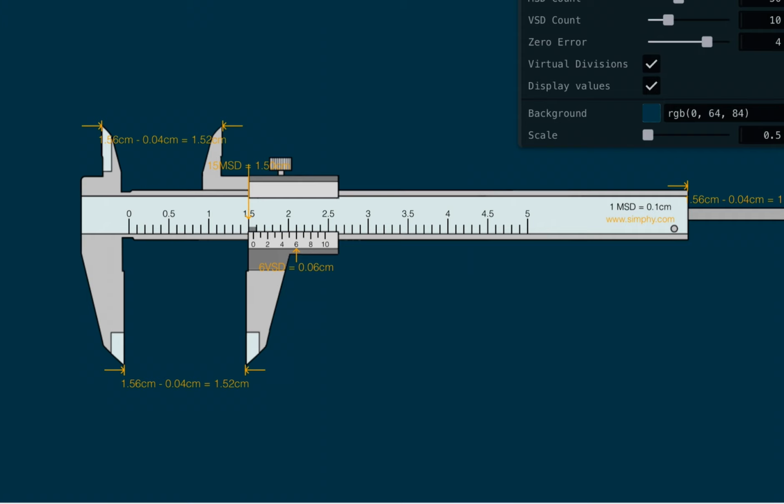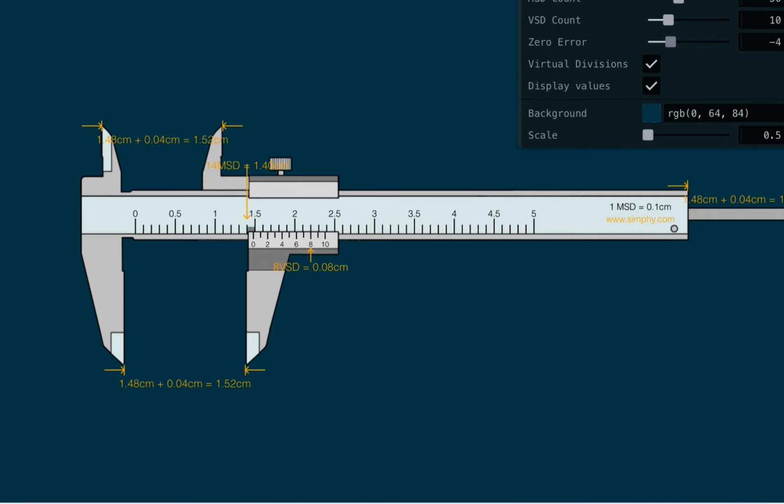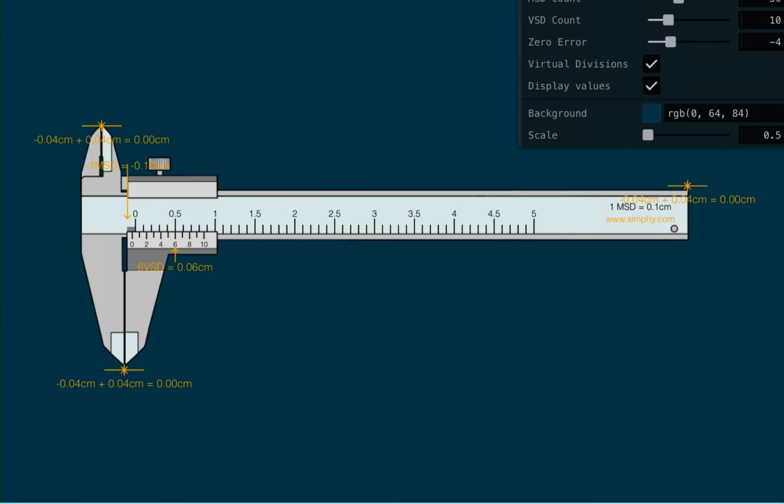At the same time, suppose the sixth division is coinciding. You see here, whenever the lower jaws are meeting each other, if the 0 on the Vernier scale is to the left of the 0 on the main scale, which division is coinciding? The sixth division is coinciding. Observe this carefully.